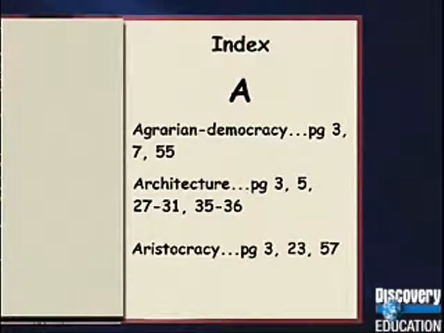The index is located at the end of a book. An index is a list of words along with the page numbers on which those words can be found. Some listings have many page numbers or whole chapters devoted to a subject. Others are mentioned only a few times.